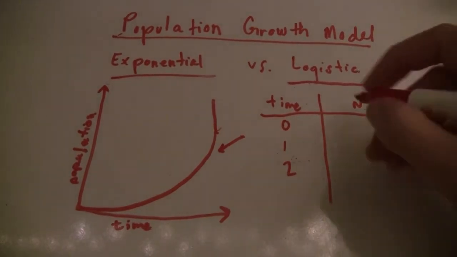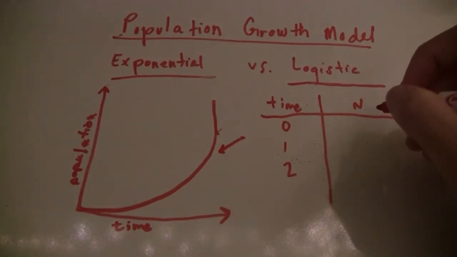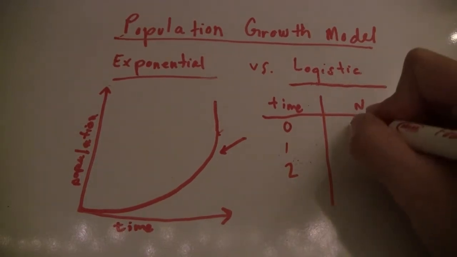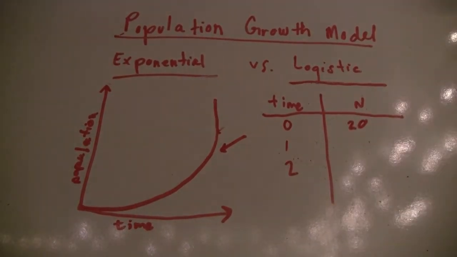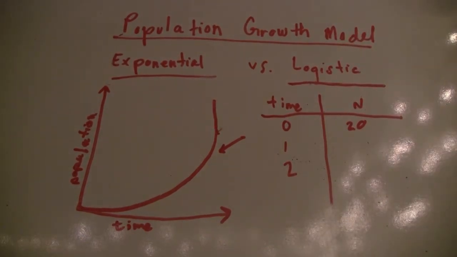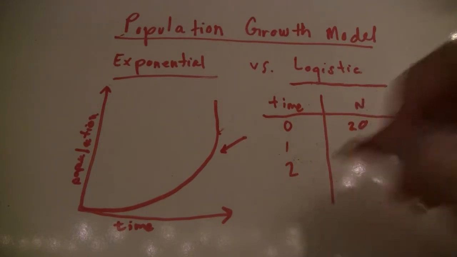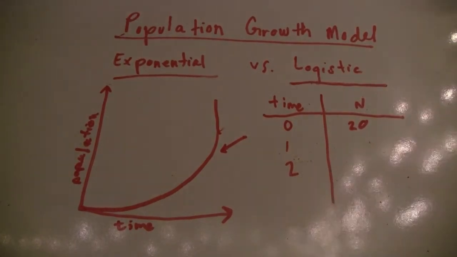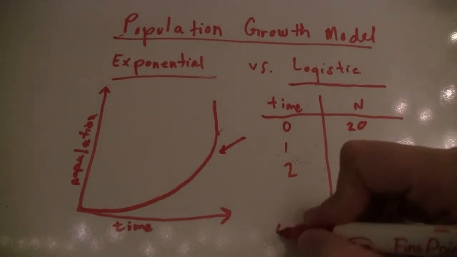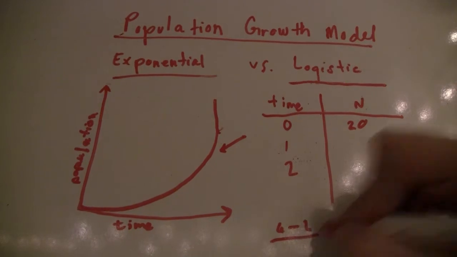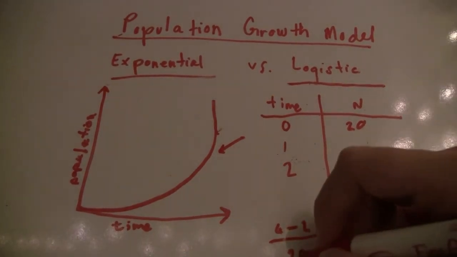We can come up with a theoretical number of mice to start with, so I'll put 20. We can use the equation we had before, r equals births minus deaths over population. So we have, let's say, 6 births minus 2 deaths in the population of 20.